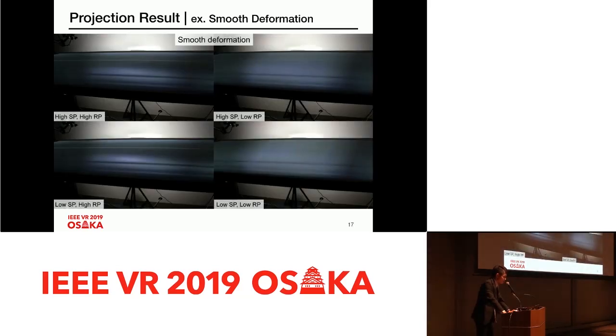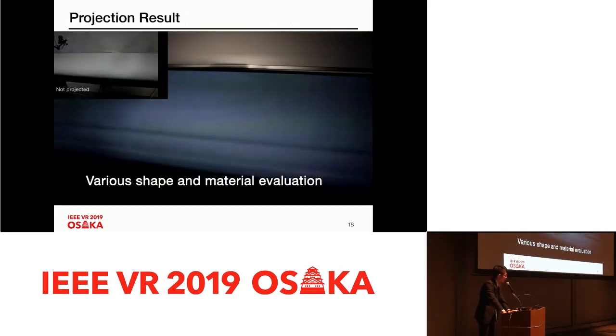And this is the result of the projection. This is an example of the smooth deformation. As you can see, you can perceive the deformation, and you might have different impressions with different parameters. And that's the movie about it.